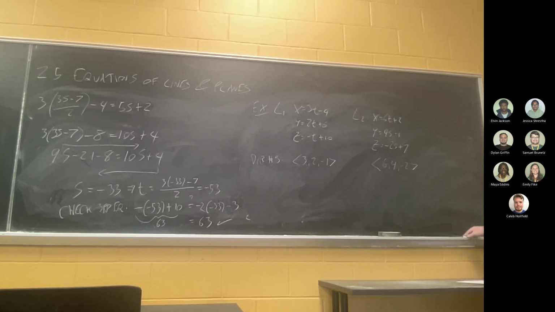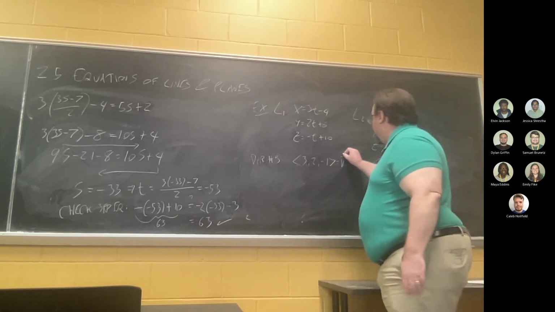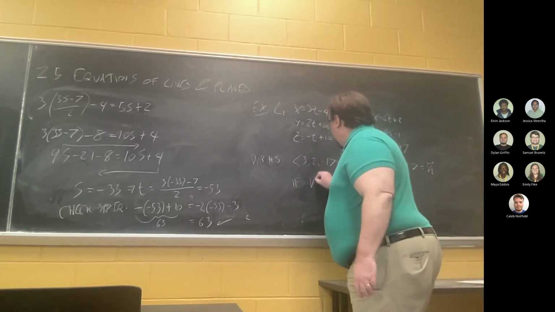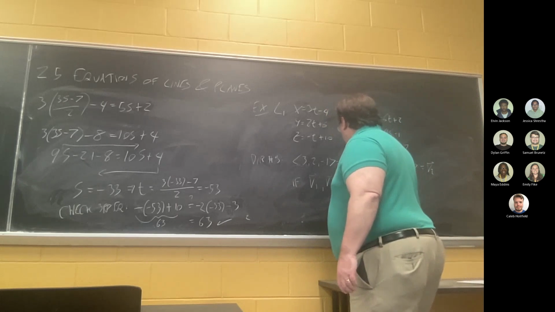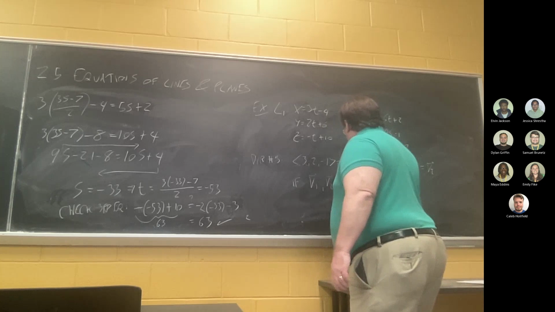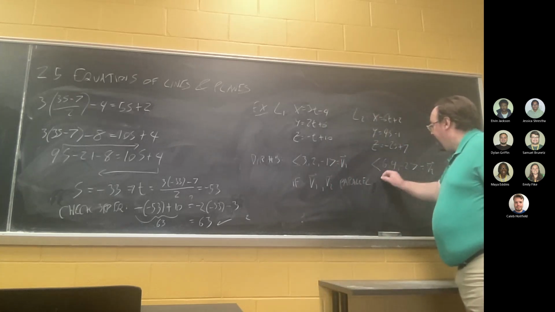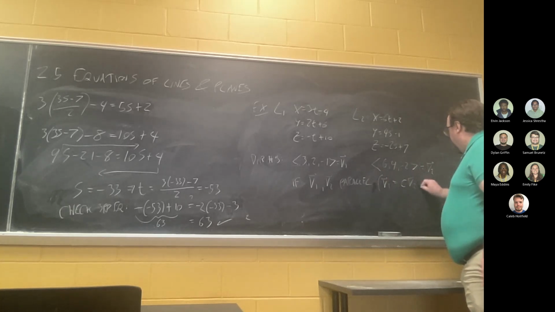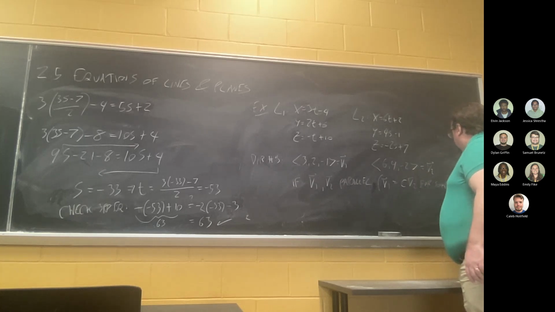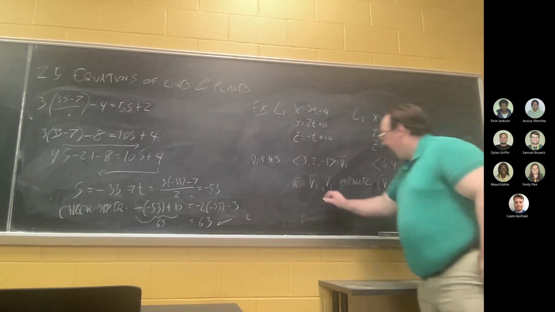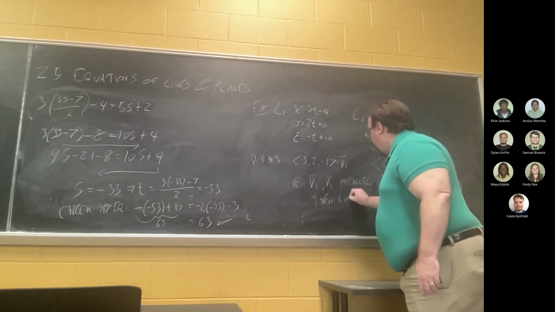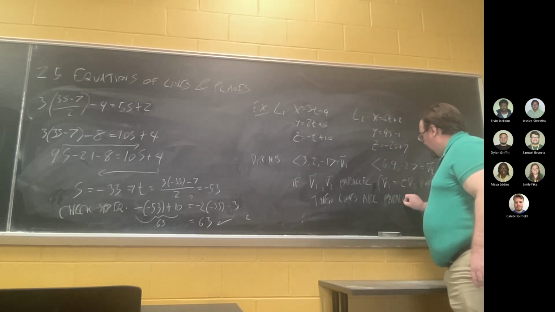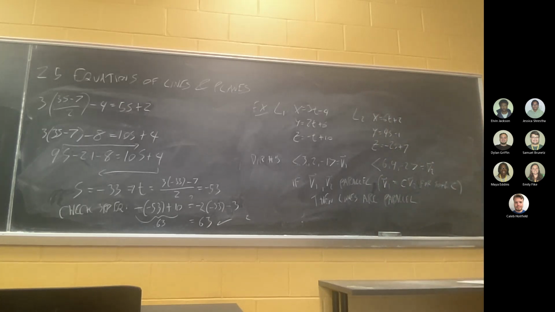So if I call the direction numbers for the first line V1 and for the second line V2, and the vectors V1 and V2 are parallel, meaning V1 is a scalar times V2 for some C, then the lines are parallel. And then you can just stop there with that conclusion.